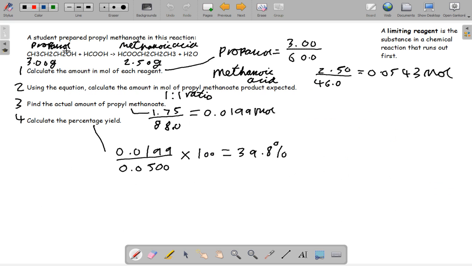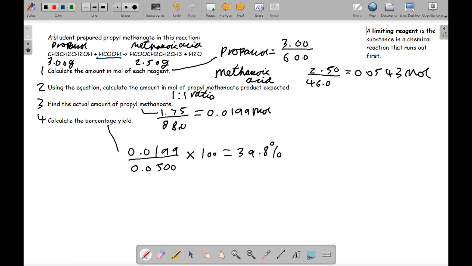So if we look at another example, a student prepared propyl methanoate in this reaction. So propanol plus methanoic acid makes propyl methanoate and water, and then we need to calculate the amount of moles of propanol, 3 over 60, which is 0.05 moles.